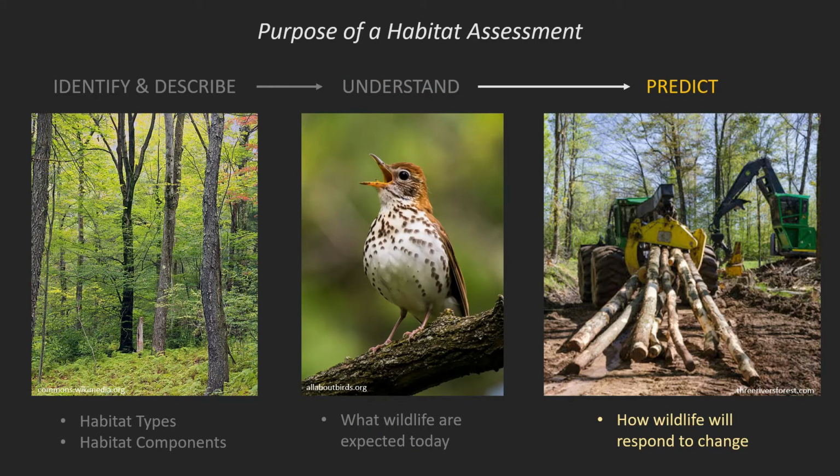We can then use that understanding to predict how wildlife will respond to changes to the habitat, such as how they might respond to natural plant succession or changes due to development or climate change. We can also use that information to prescribe habitat management to create or enhance habitat opportunities for specific wildlife species.